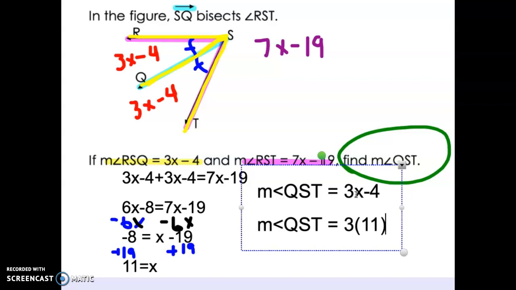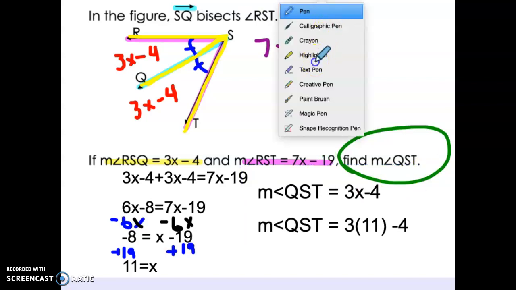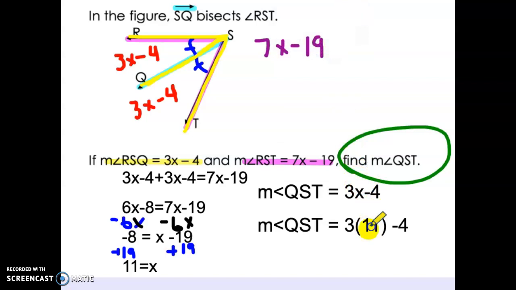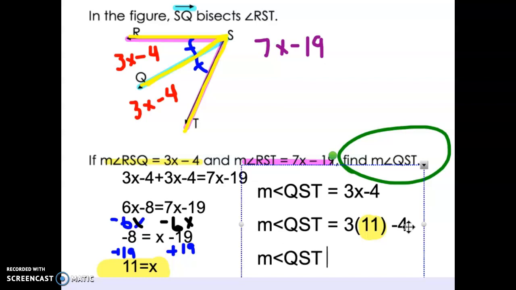So the measure of angle QST is equal to 3 times 11 minus 4. We substitute the 11 into the equation here because when we solved our problem for x, we found that x is 11. Now we can go through and we can evaluate this. So the measure of angle QST is equal to 3 times 11, which is 33, minus 4.